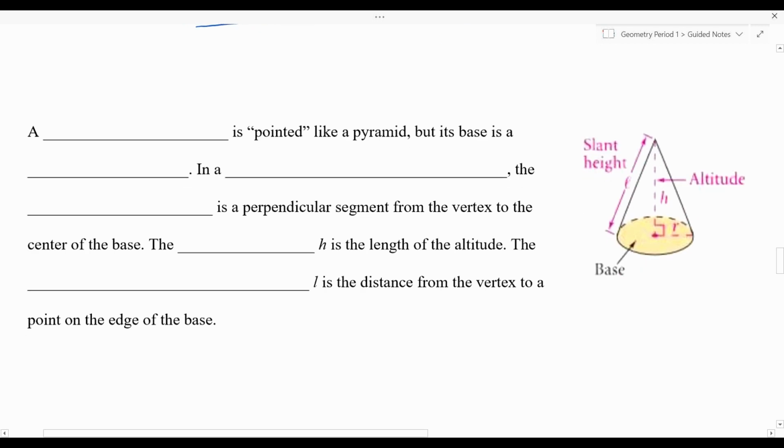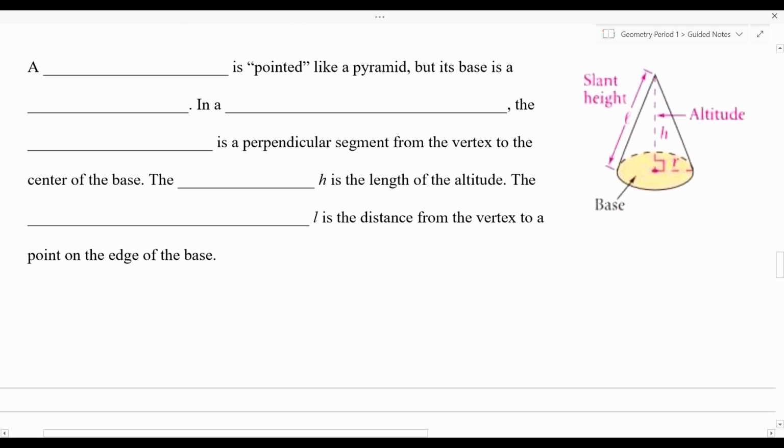Moving on to our next portion here. The next section of key concepts states that a cone is pointed like a pyramid, but its base is not a polygon, it's a circle.